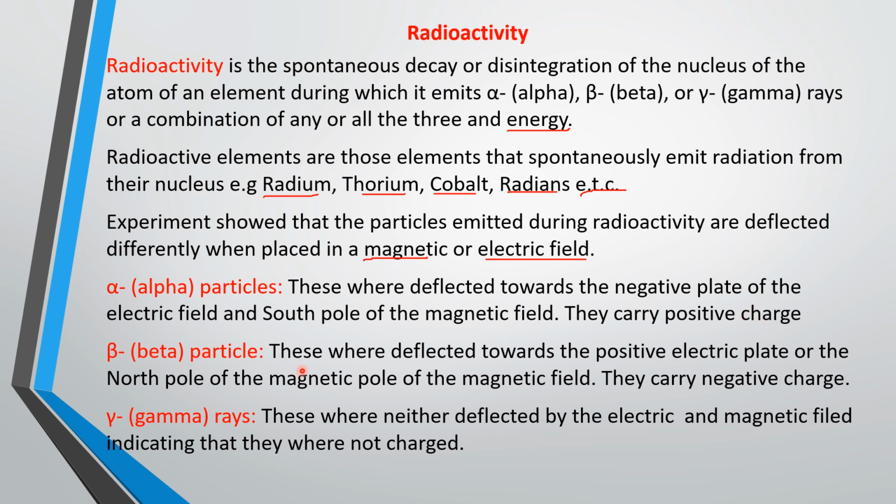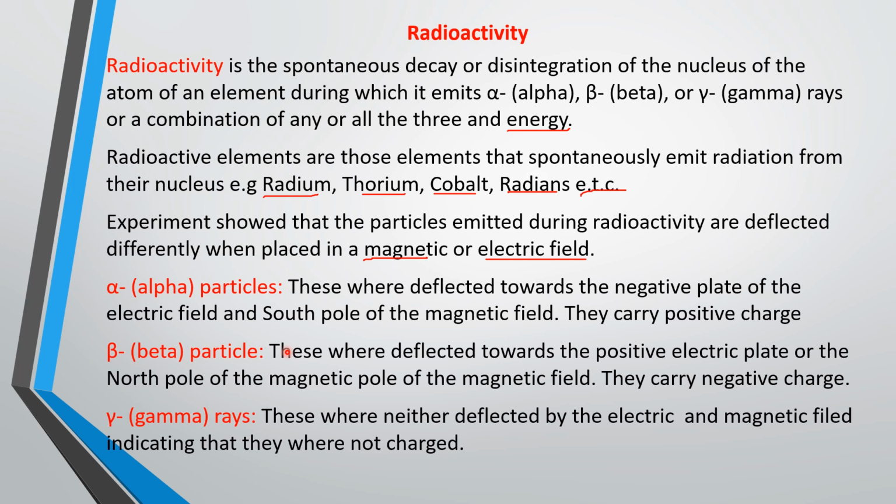Then beta particles are deflected towards the positive plate of an electric field and the north pole of a magnetic field. And these ones carry a negative charge.